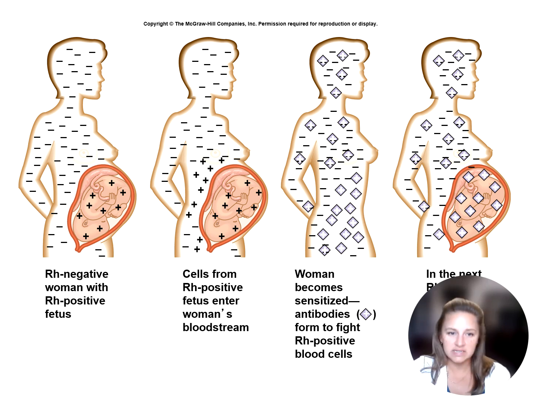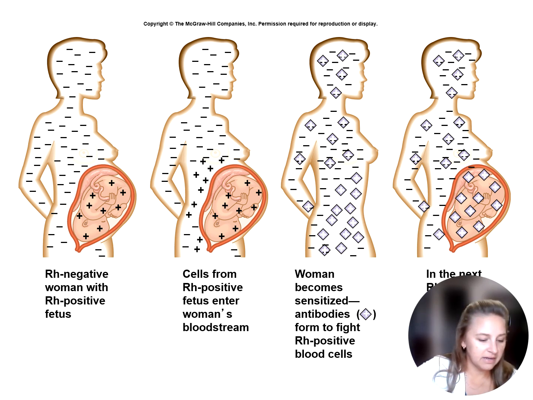This isn't a problem in a first pregnancy, but if you were to have a baby that had a different Rh type, so if you have an Rh negative woman and an Rh positive fetus, the cells from the Rh positive fetus can enter the woman's bloodstream, and the woman becomes sensitized and makes antibodies that can fight the Rh positive cells. And then in the next pregnancy, if she had an Rh positive fetus, her own antibodies would fight the cells in the fetus.